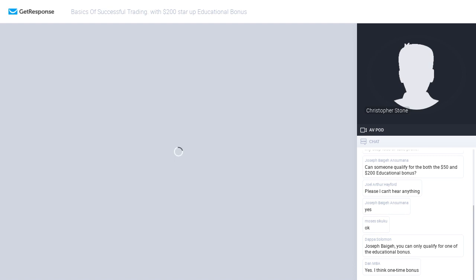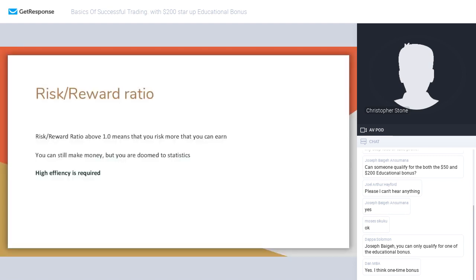So in this case, we are risking more than we can earn. Is it impossible to make money? Well, of course not. We can make money.